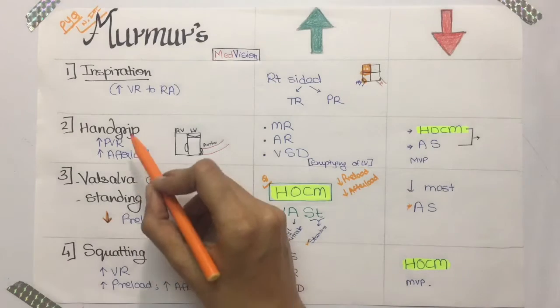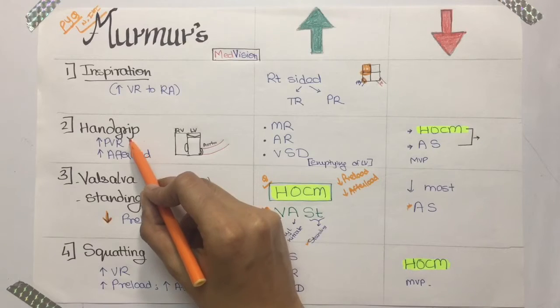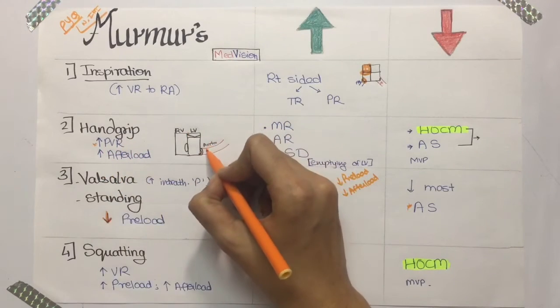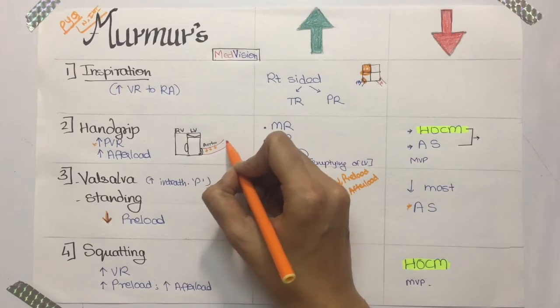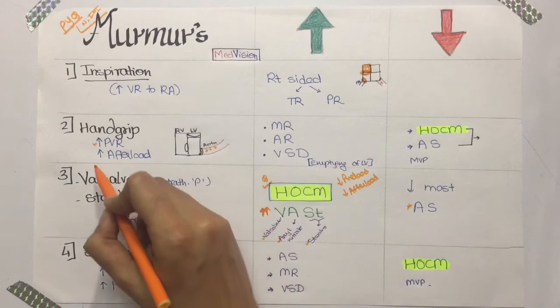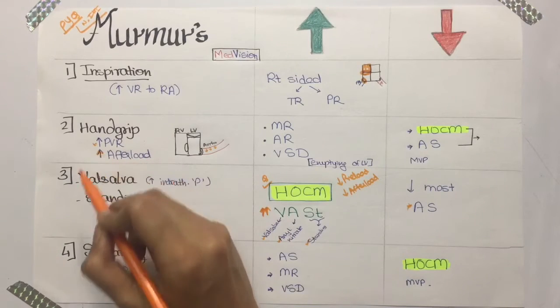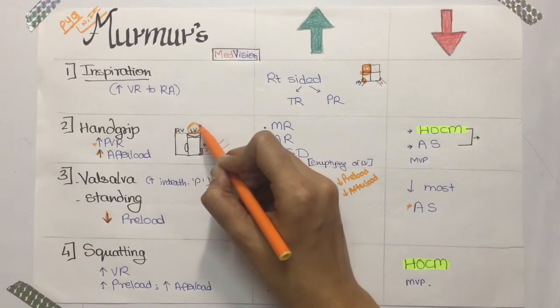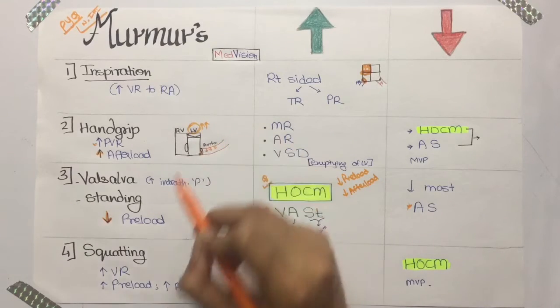Coming second to hand grip. Now during hand grip the peripheral vascular resistance increases, so the blood flowing out to the periphery, that is in the aorta and all the blood vessels, will reduce, and this leads to an increase in the afterload. That means the blood volume in the left ventricle is increased.